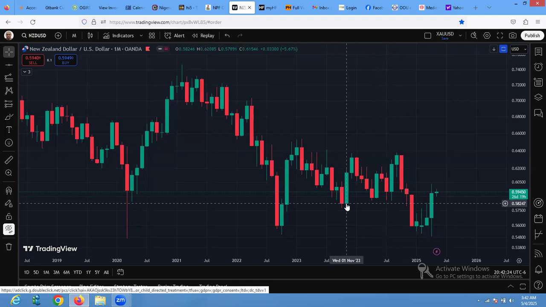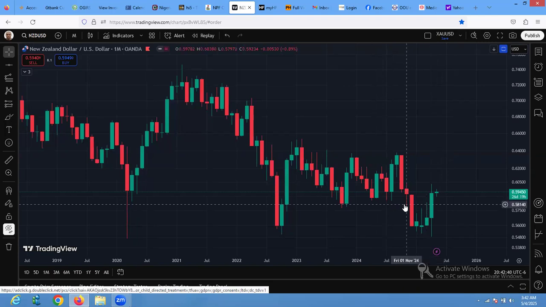So this area here, where you saw the open of this candle, the close of this candle and the open of this candle here, this base coincides with this resistance or support here.